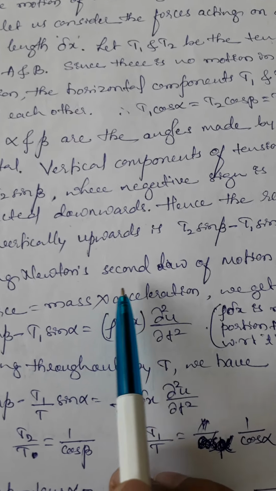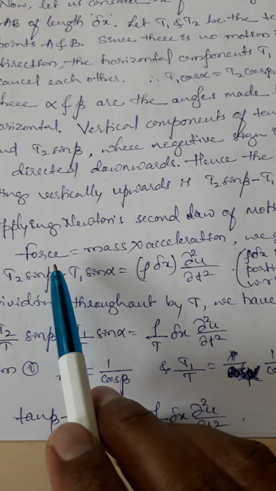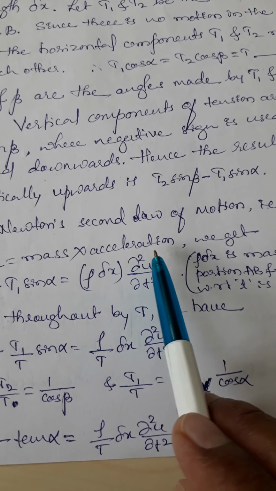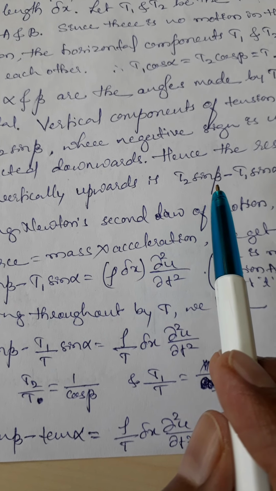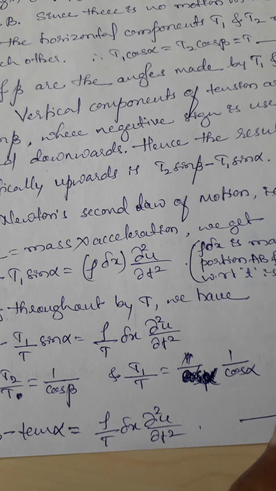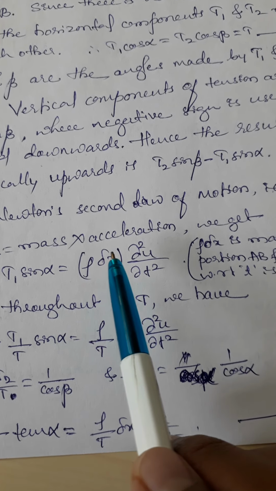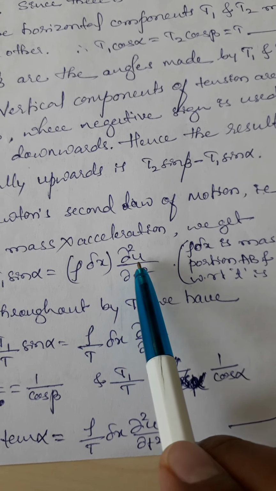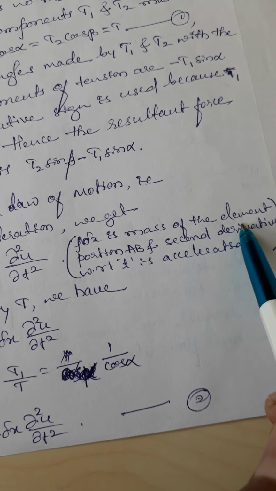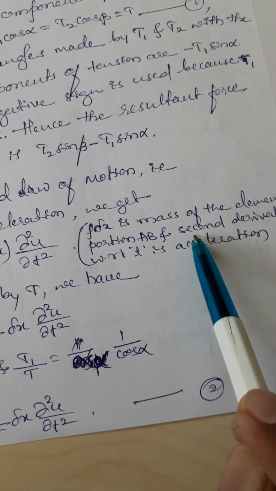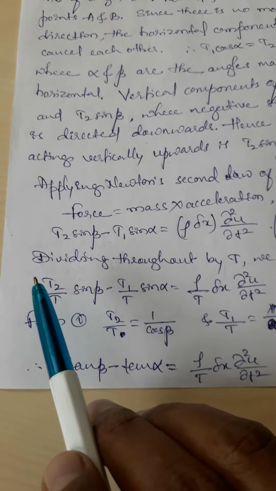Now, by applying Newton's second law of motion, force equals mass times acceleration, we get T2 sin beta minus T1 sin alpha equal to rho delta x times ∂²u/∂t². Here rho delta x is the mass of the element AB, and the second derivative with respect to t is the acceleration.